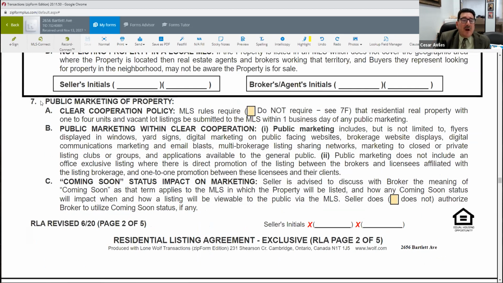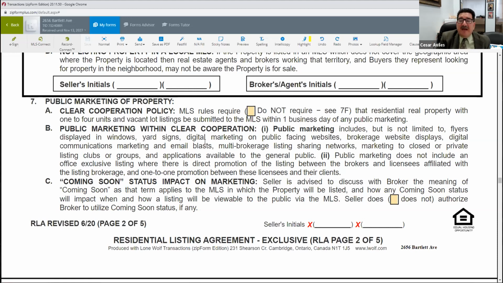Number 7, the property is going to be publicly marketed. This has to do with coming soon. For those of you that have not read the rules, they're very complicated. The property needs to be in the MLS within 1 business day of any public marketing.